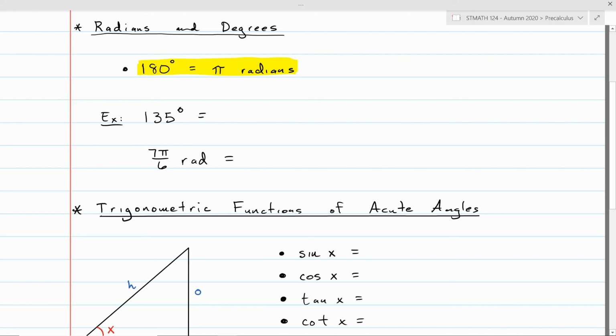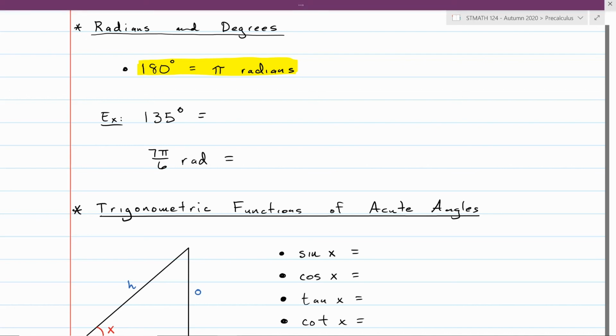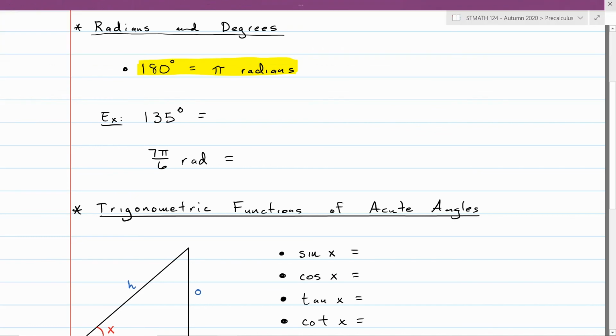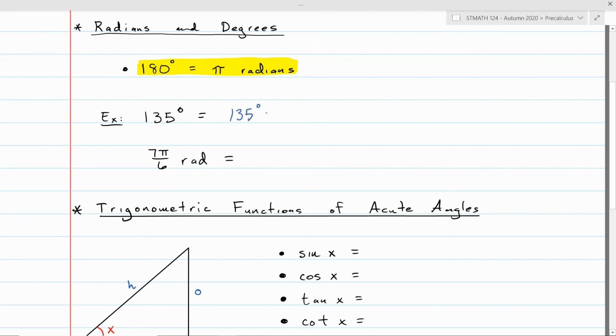So converting 135 degrees into radians, you could do that just by multiplying by the appropriate conversion factor. So 135 degrees is the same as 135 degrees multiplied times pi over 180 degrees. Usually we don't write rad as a unit; we usually just drop units when we're talking about radians.